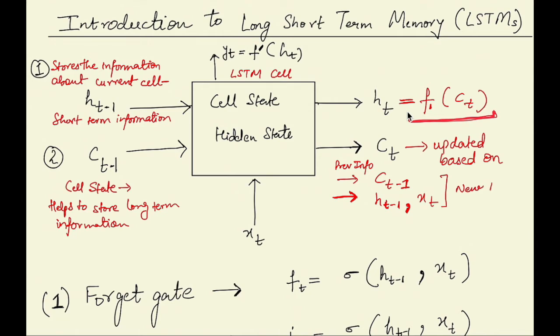This is new information for the cell state, because ht-1 was derived from ct-1, and cell state ct has not yet included information from ht-1 and xt. So this is new information to be included in ct.